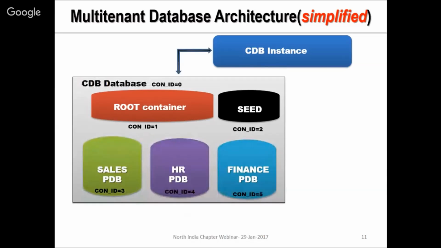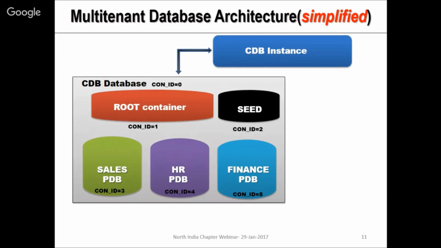You can see in this example, we are creating three databases: sales, HR, and finance. They are all hosted by one single CDB database, which has a new identification introduced from 12.1 called container ID. You can see that the container ID, or con_ID, is a new identification.